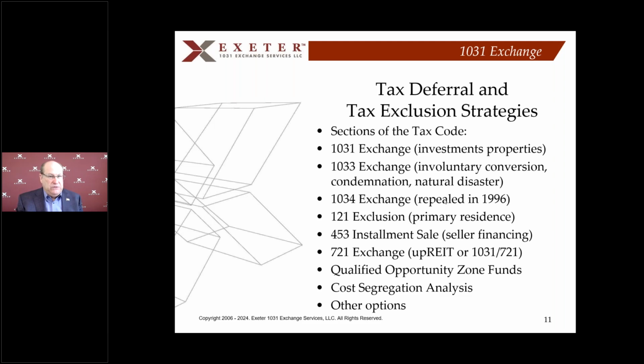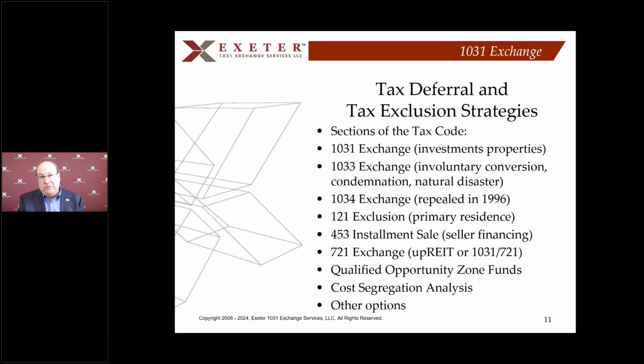But there is a way to do that through an exception, and it's called different things. Some people call it a 721 exchange. Some call it an UP-REIT. The UP stands for Umbrella Partnership Real Estate Investment Trust, or people call it a 1031/721 exchange. Very short version of that, you sell, you do an exchange, you identify a fractional interest in a large property that the REIT has put together, you buy into that, usually 1/4% or 1%, whatever your position would be.